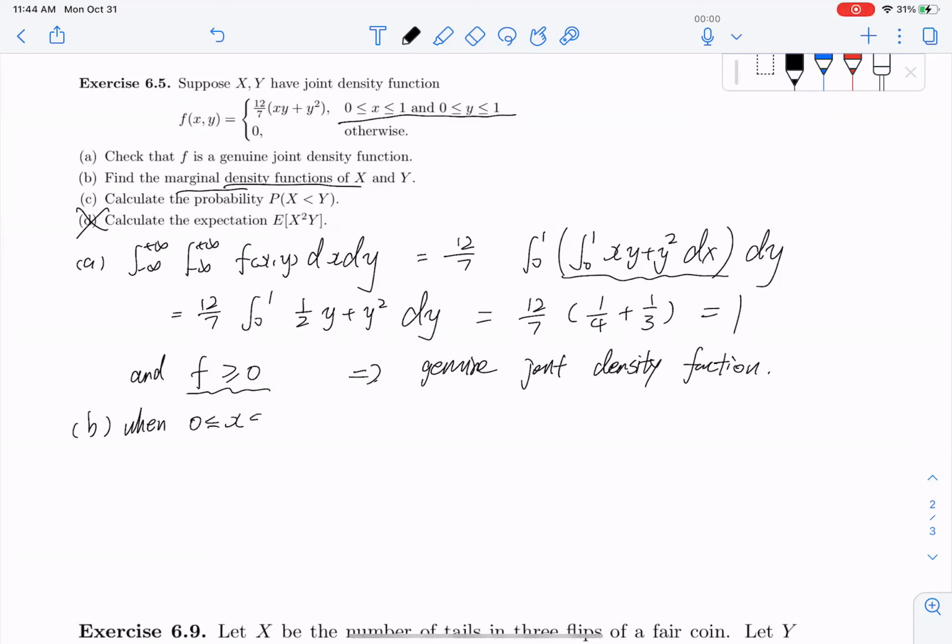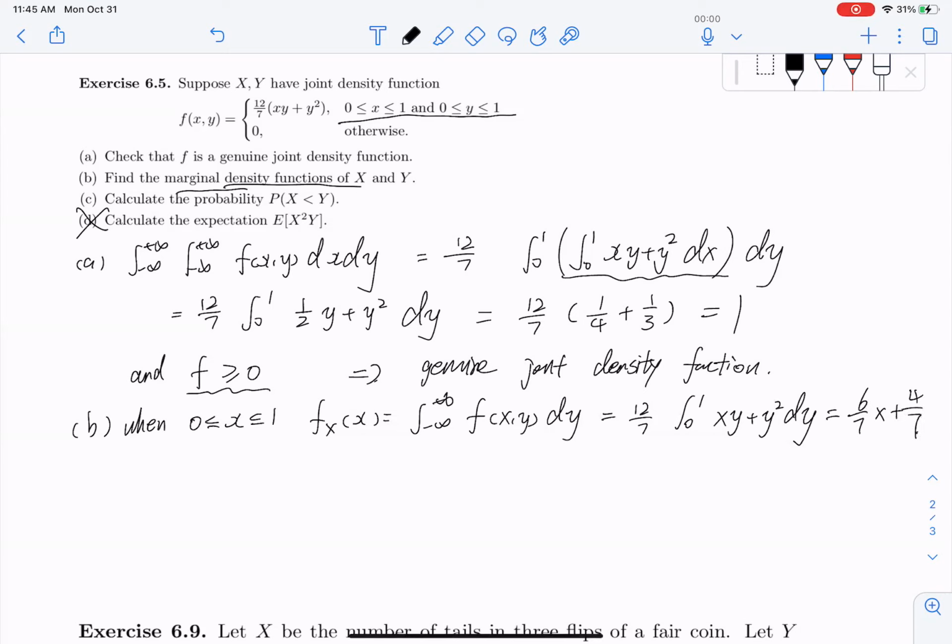So when x is between 0 and 1, the marginal function can be obtained by integrating the joint density with respect to y, so it will be the integral from 0 to 1 of xy plus y squared dy. And it turns out to be 6/7 x plus 4/7, and 0 otherwise. Okay, and for y the same.